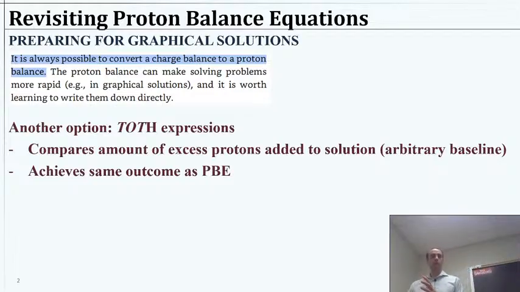Our book just has this little subsection on it, and I've seen it around occasionally, and it's really just achieving the same thing as a proton balance equation, but just starting it from a slightly different approach. So just so you know, there's some materials out there where you can say, okay, here's the protocol, the 5 steps to get tot H. But effectively what we're looking at is how much H plus are we adding given the stuff that we added.